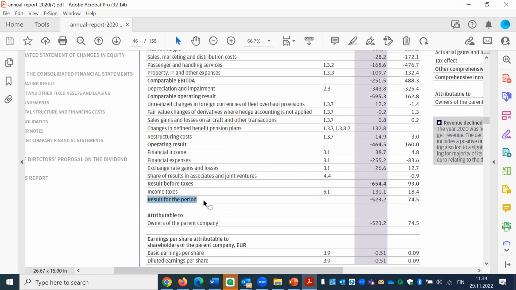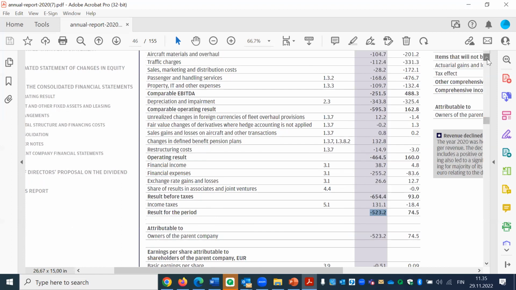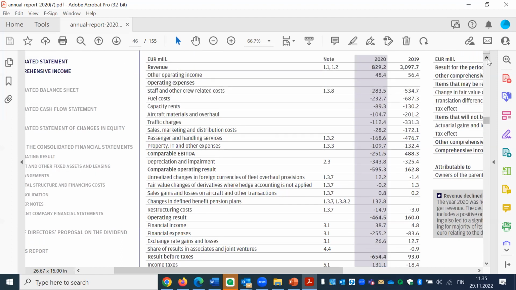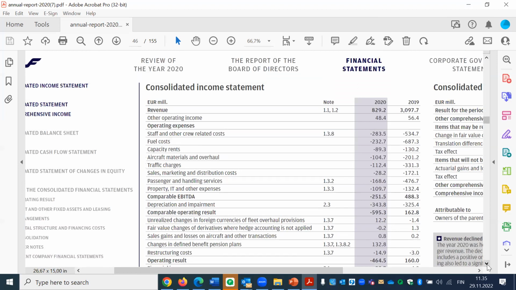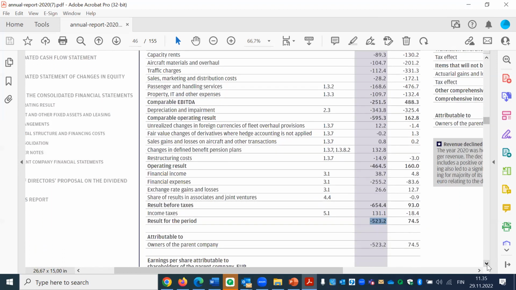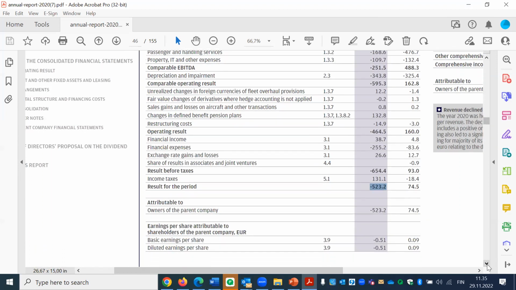But before you give the right of residual claim to the shareholder, you also calculate their cost. Now, in this case, the situation is very interesting because the shareholders are already having losses. 523 million euros are lost. So there is almost a €500 million loss to the investors.